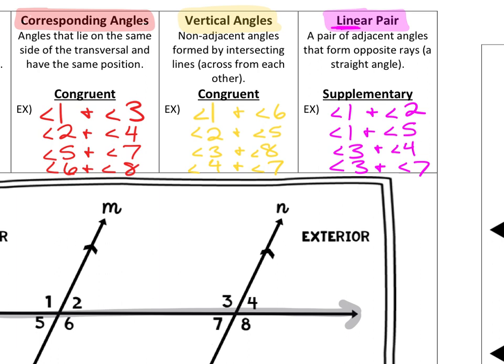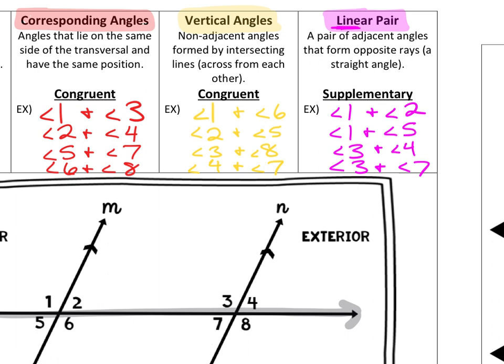So far, we've had 2 relationships that tell us the angles are congruent. What does congruent mean, by the way? That's an actual question I want you to answer. What does congruent mean? Congruent means the same. So when we're talking about corresponding angles and vertical angles being congruent, we're saying they have the same measurement.